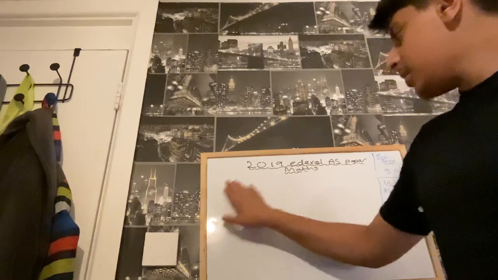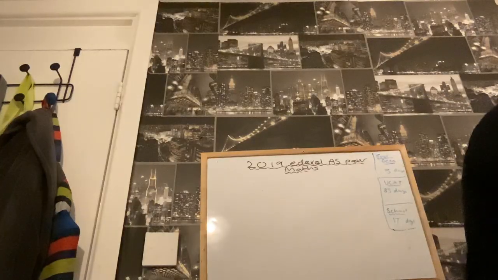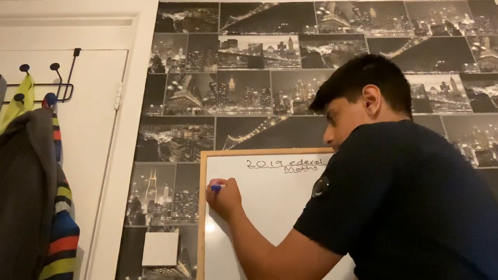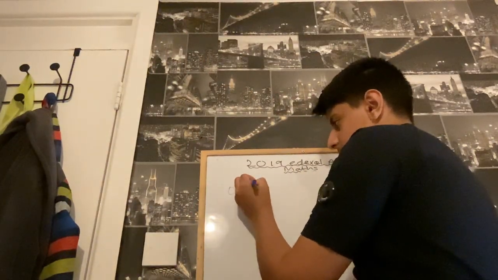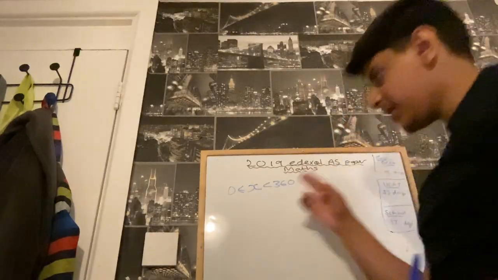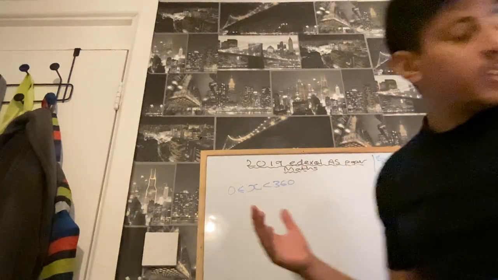Okay, so we're gonna start off with this question. I was a little confused, but then looking back at it, it makes much more sense now. So you know how in part A we were given the equation and it equals 4 minus 5 cosine theta. Okay, and then it says hence or otherwise, so for 0 less than or equal to x less than or equal to 360, we're trying to solve what x is, okay?